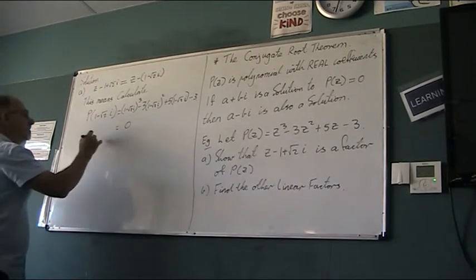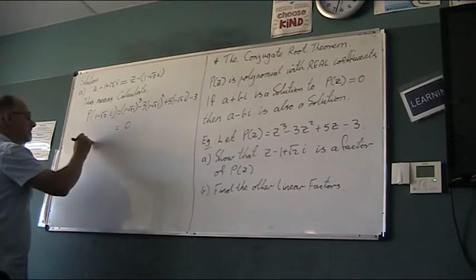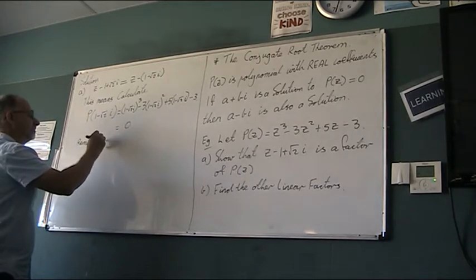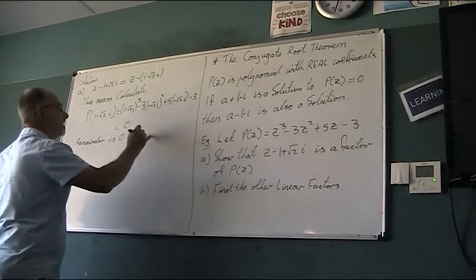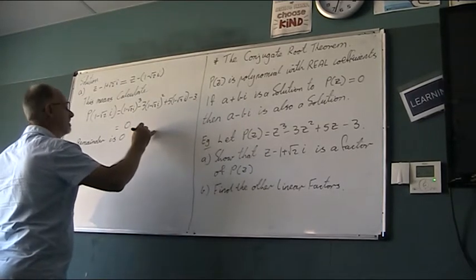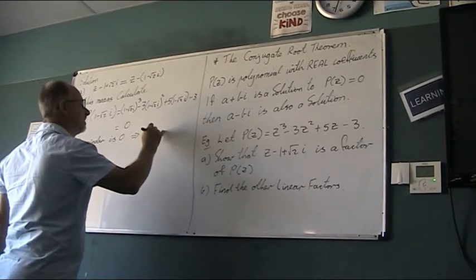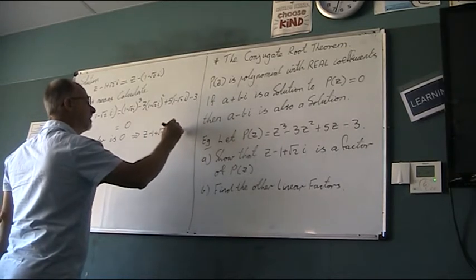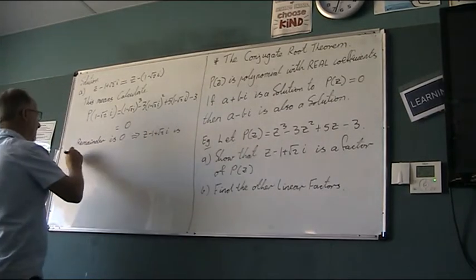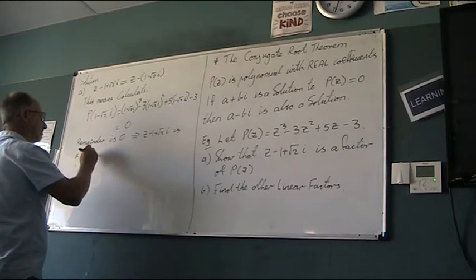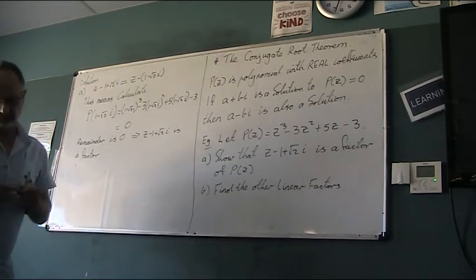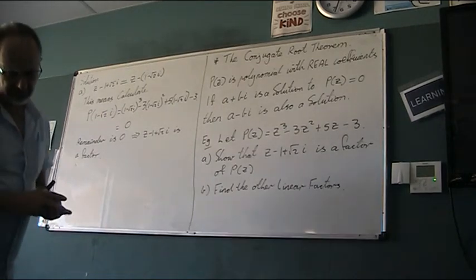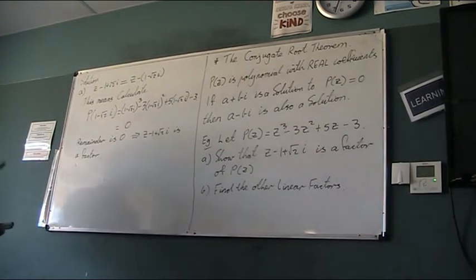So if it's 0, we can say the remainder is 0, which means then that z minus 1 plus root 2i is a factor. And the conjugate of that would also.